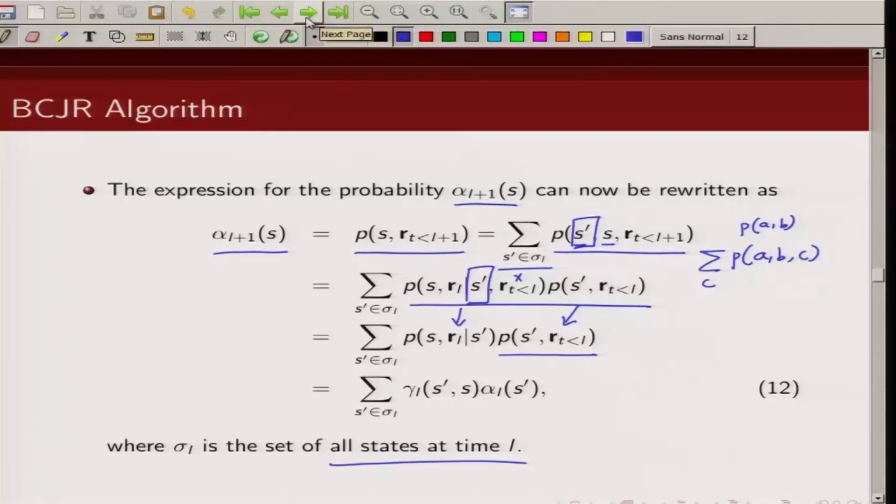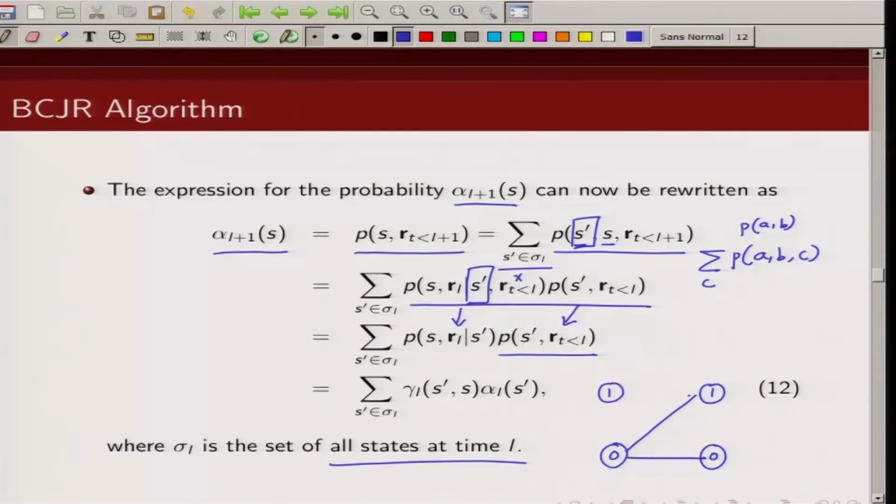So, what I have shown you here is that alpha at the next state s can be computed recursively from alphas at the previous state in this particular fashion. Again, let us illustrate this with an example. Let us go back to our 2 state code example. This is my all 0 state, this is state 1.